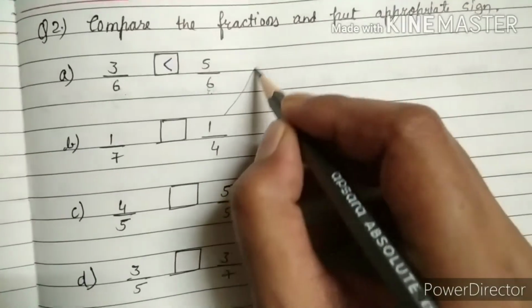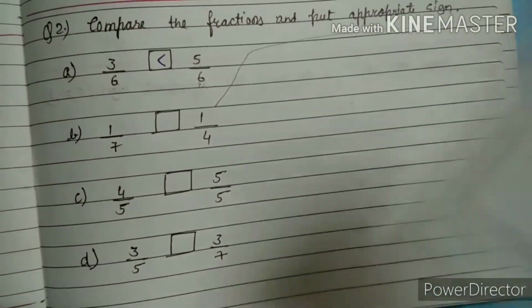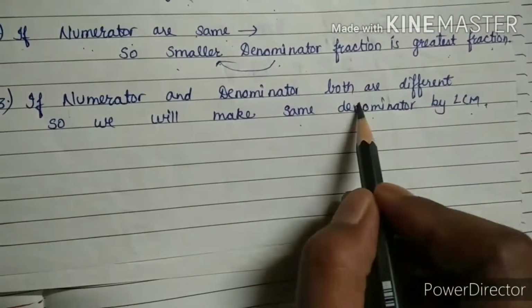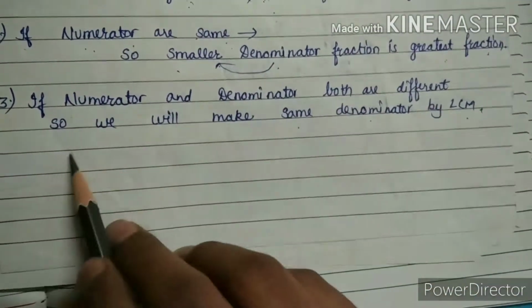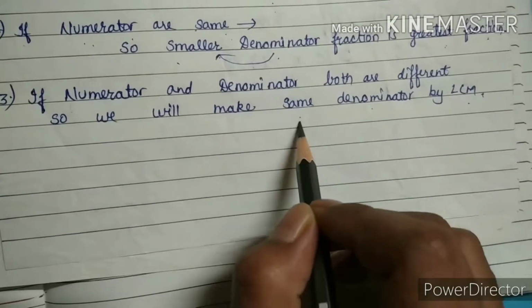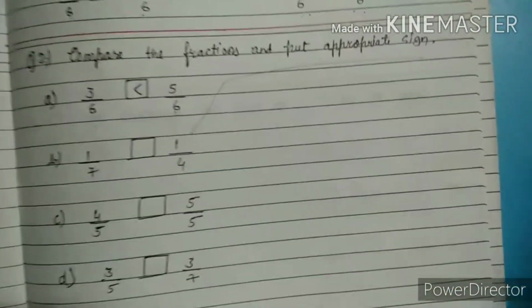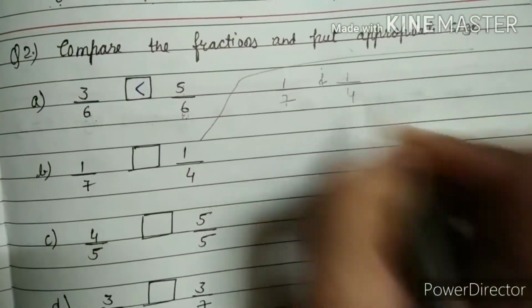So what do we have to do? In the property we see if the denominators are different, we will make the denominators the same by LCM. So we have 1 by 7 and 1 by 4.